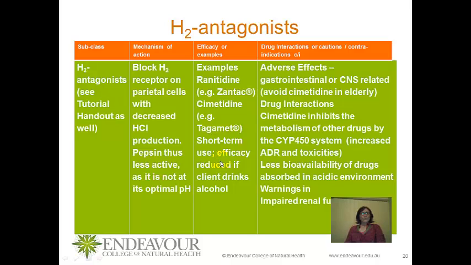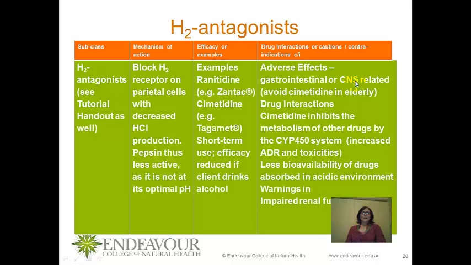But we stress once again that it should only be for short-term use at reducing acid while you help resolve the underlying physiological changes. The efficacy of these is greatly reduced if the client drinks alcohol, so you may be involved in trying to achieve lifestyle changes for this person in the hope of getting a better resolution of the underlying GORD or the peptic ulcer.